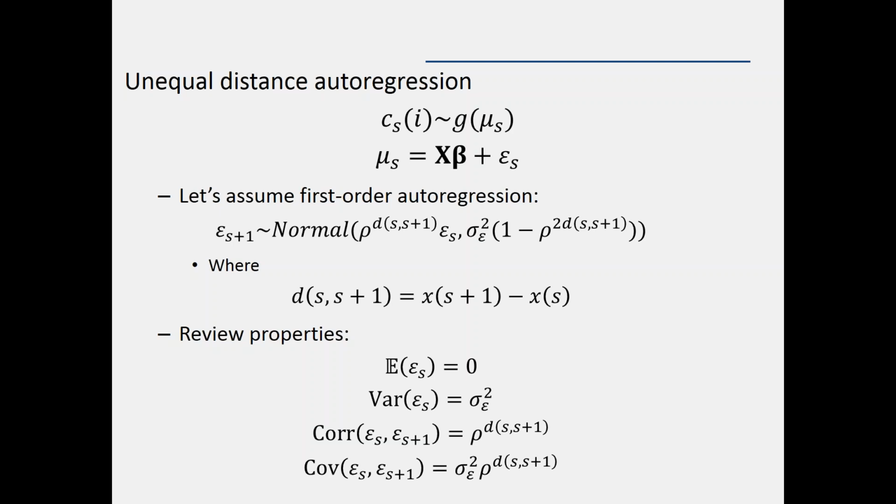Similarly, as distance goes to infinity, rho is assumed to be between 0 and 1 in this case, so rho to the infinity would go to 0, and rho to the 2 times infinity would go to 0.